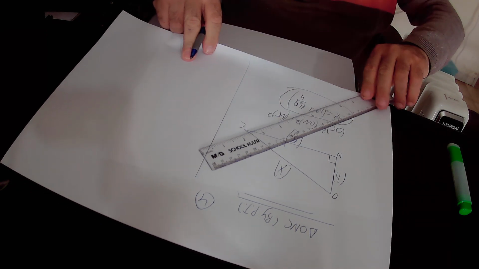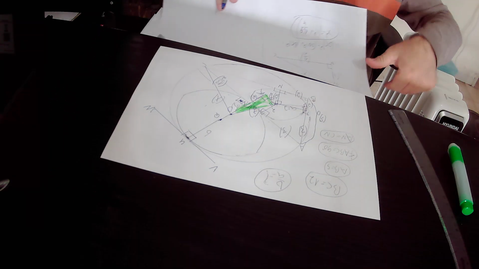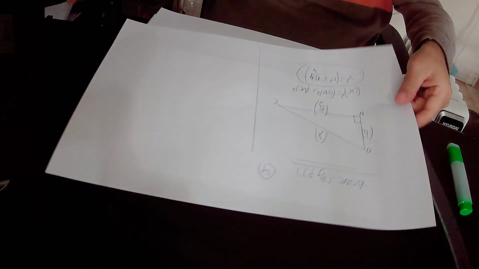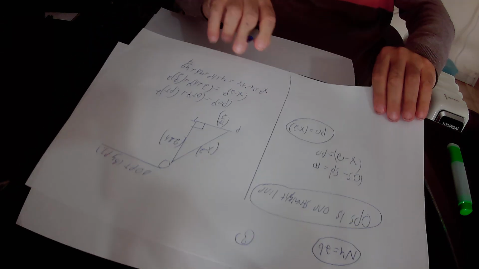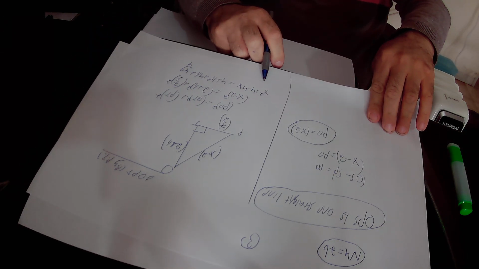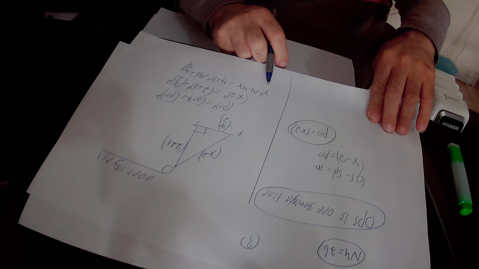So we can substitute x squared here in this equation by h squared plus 169 over 4.